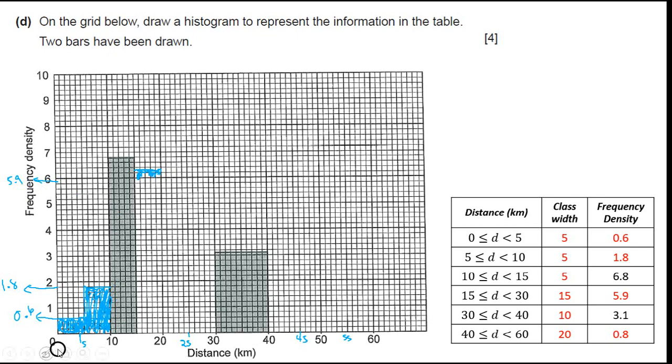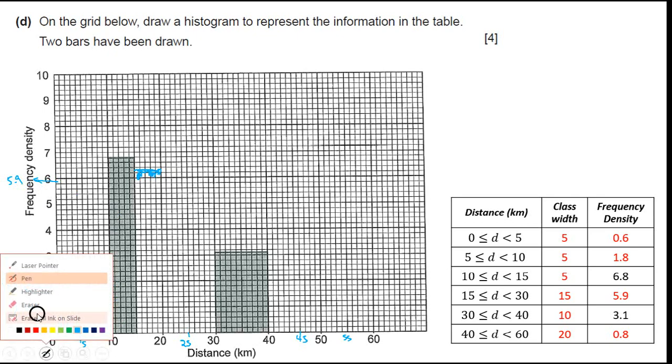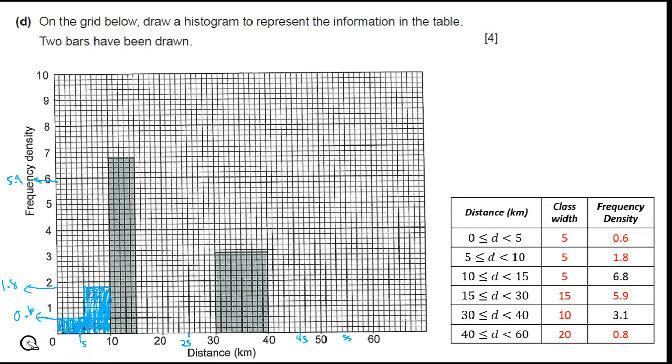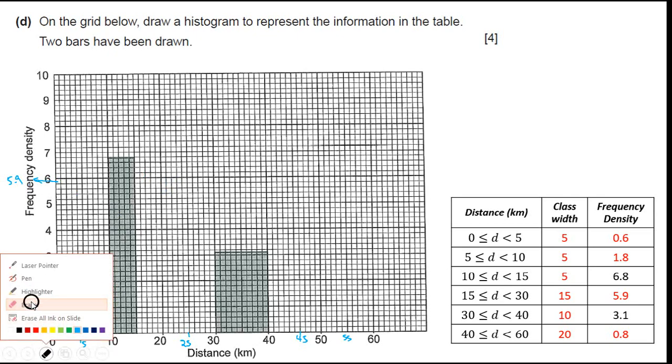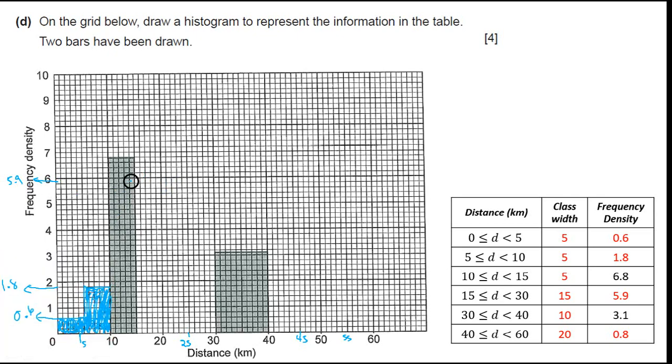So let's just clean that up. Can you see how 5.9 will be? It's about here. And the class width there is also 5, right?